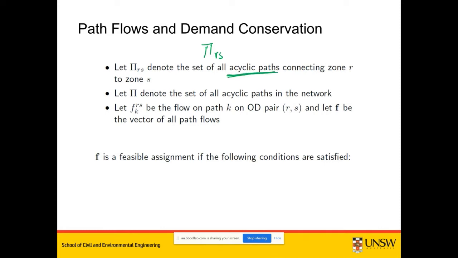If you want to define a set of feasible paths, you never include cyclic paths when you want to do the assignment, because people will not take cyclic paths, right? So this capital pi here is the set of feasible acyclic paths connecting R and S. A small f is the path flow.